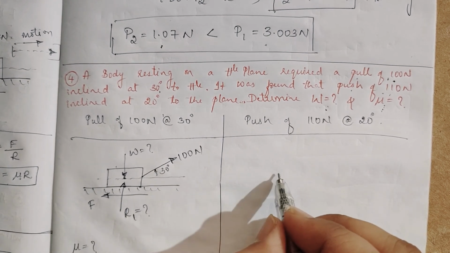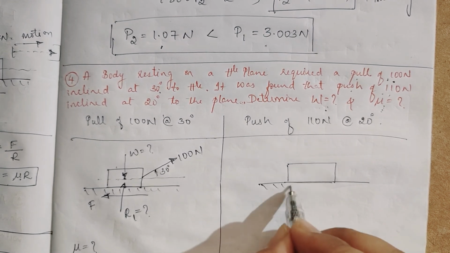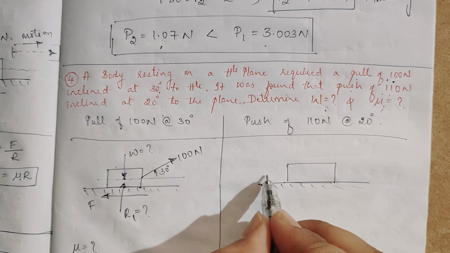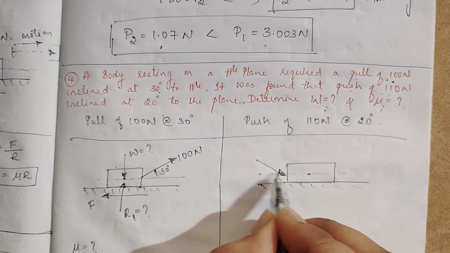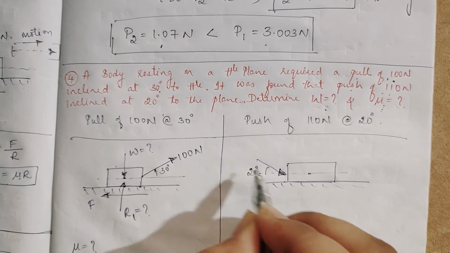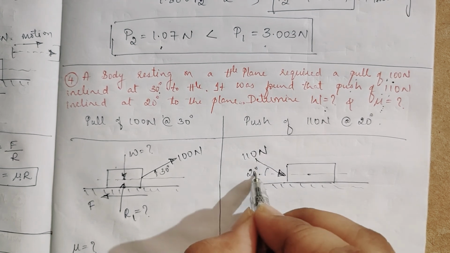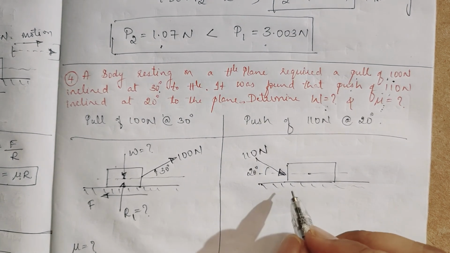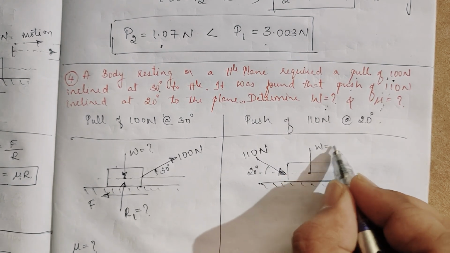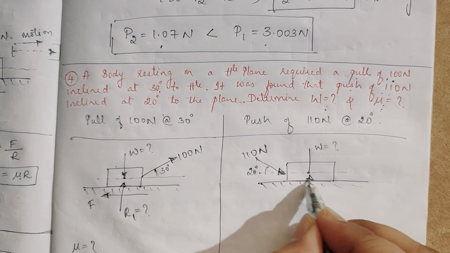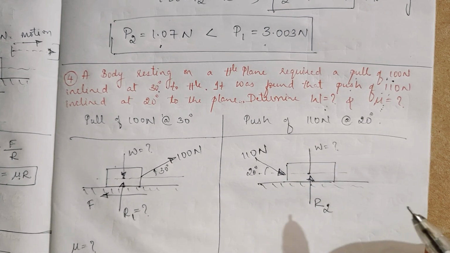Here in the same case, the same body is there, with a horizontal force. It is pushed at a 20 degree angle by a force of 110 Newton. The force is different, 110 Newton at 20 degrees, so that the body will move. We have to find the weight, and we have to find the R value. I will take this as R2. W will be the same body.